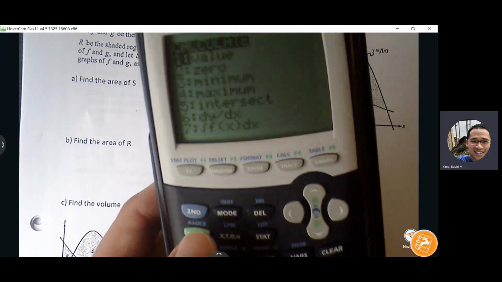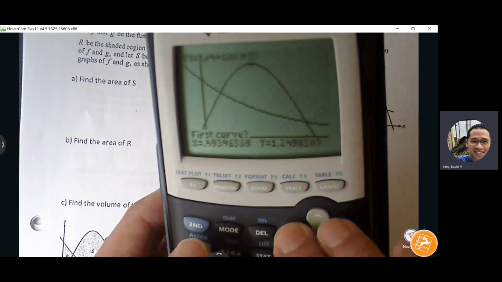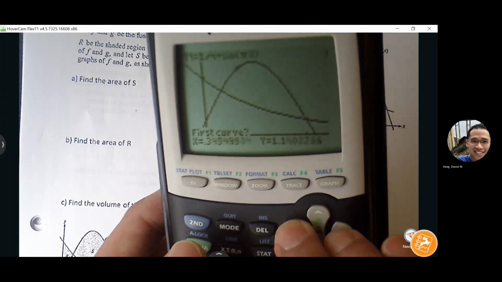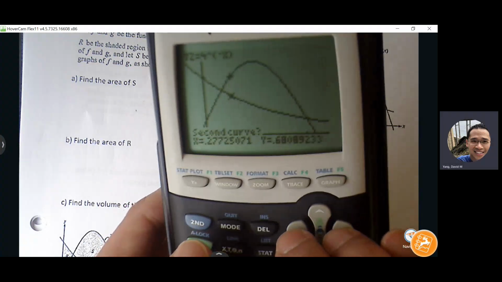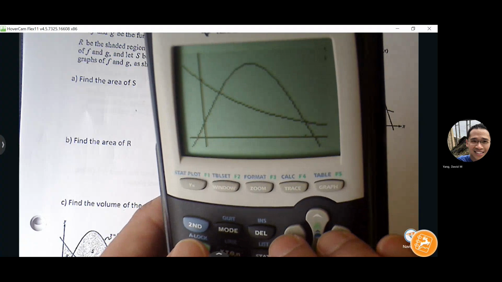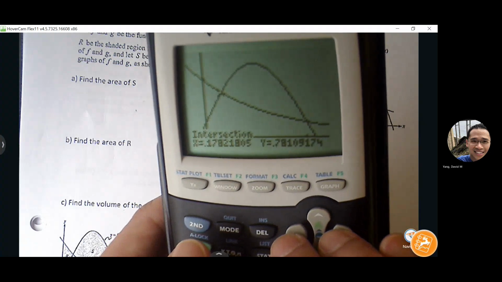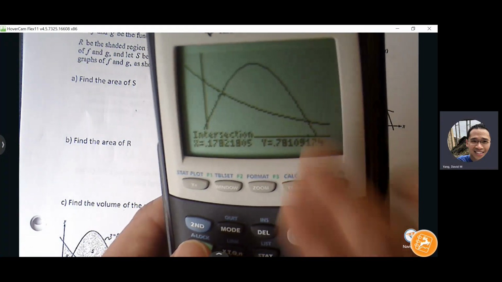Second trace, intersect, do it twice. Once for that first intersection, and then do it again for the second intersection.